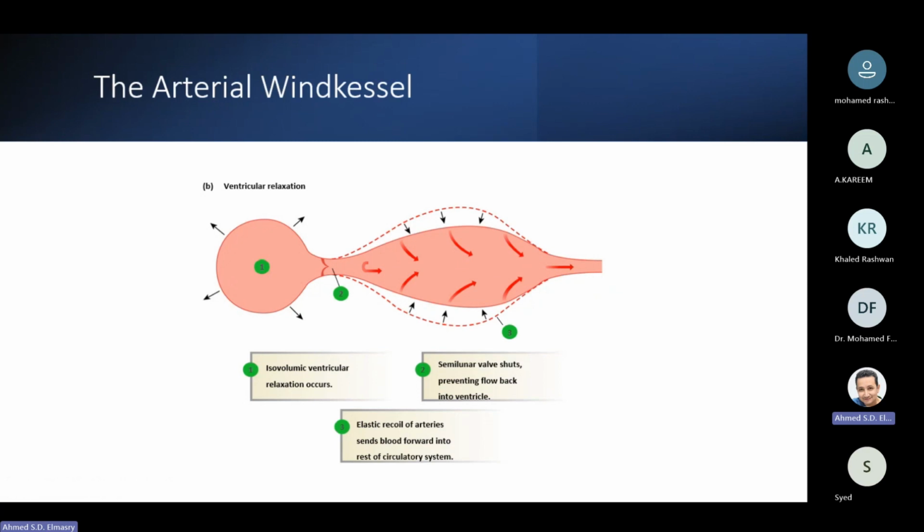Like that, you will get continuous blood flow throughout the cardiac cycle. During the systole, the blood is ejected from the heart to the distal perfusion, and during the diastole, the blood that was stored in the wall of the aorta is displaced to the distal organs.